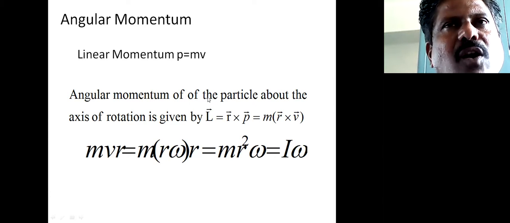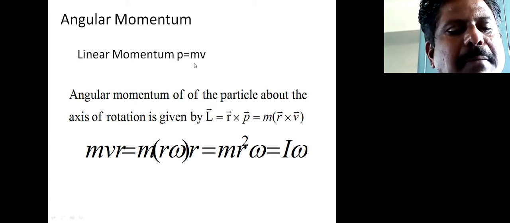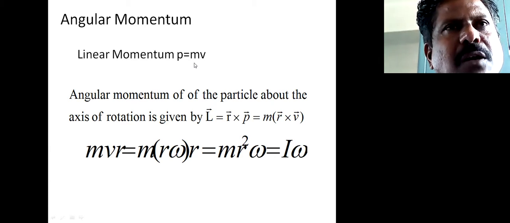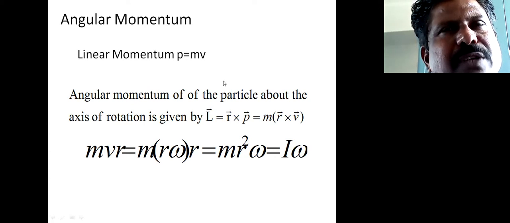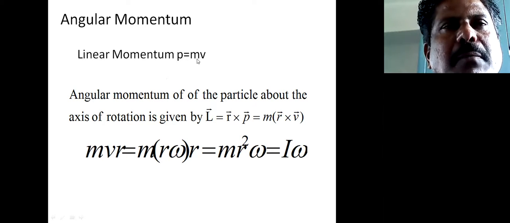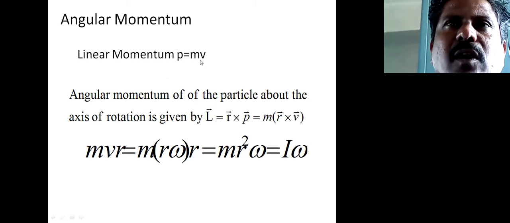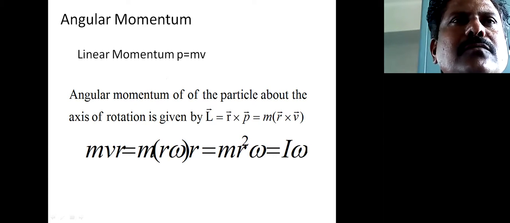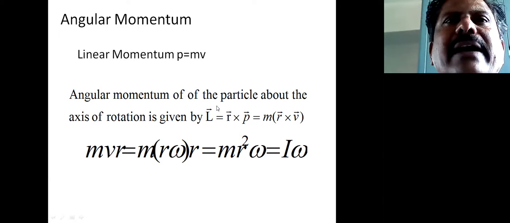Whatever quantity or amount of motion is exhibited by the body depends on the velocity and the mass. So that quantity of motion possessed by that object is termed as momentum and is measured as the mass of the object times its velocity.